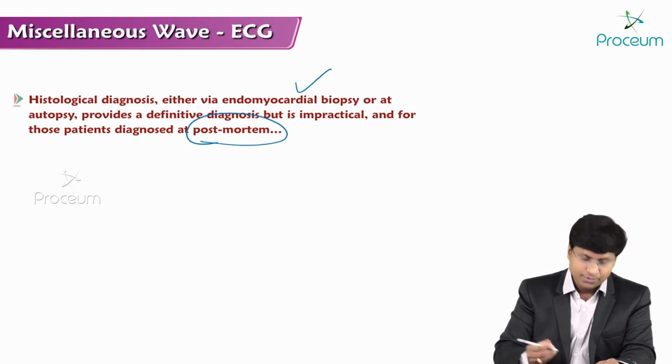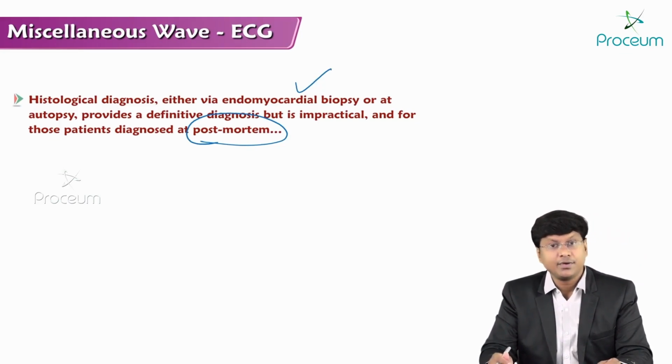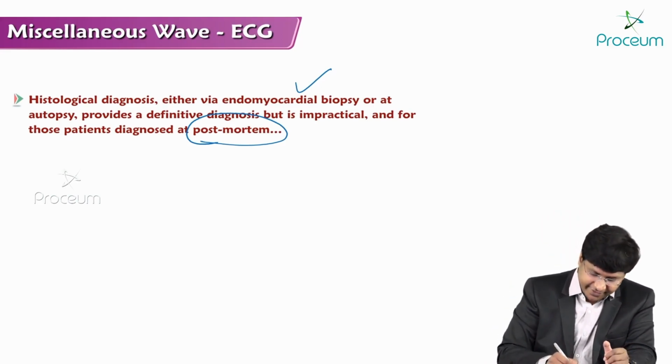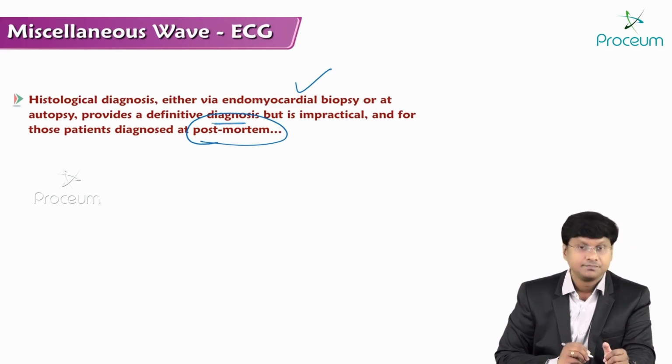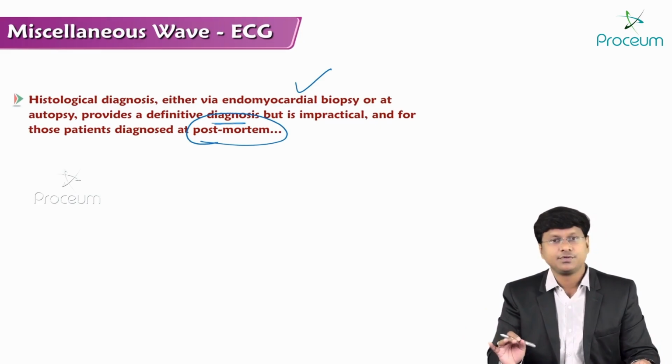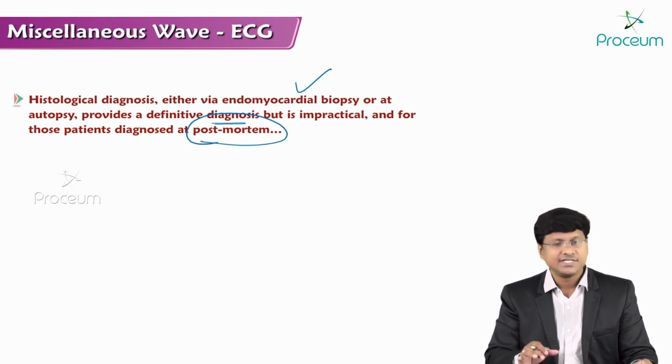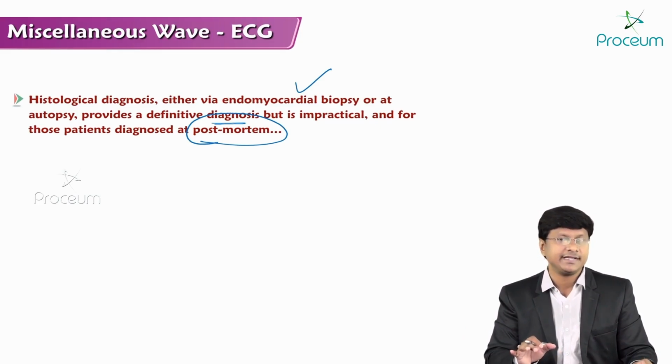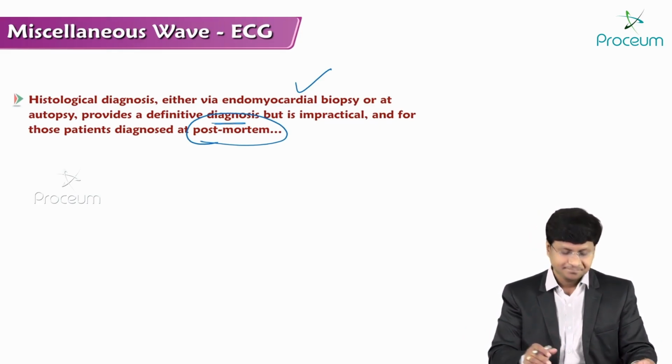So what you need to do is an endomyocardial biopsy during the time of the autopsy, and that will provide the definitive diagnosis. So this is about the histological diagnosis. This will also confirm, but it is usually done at the time of the autopsy.